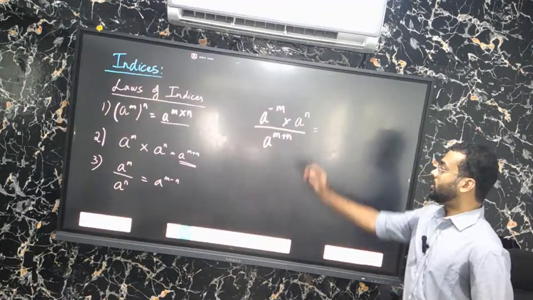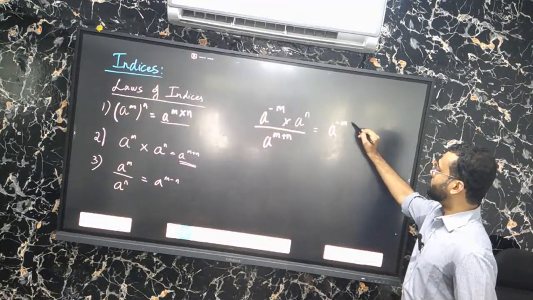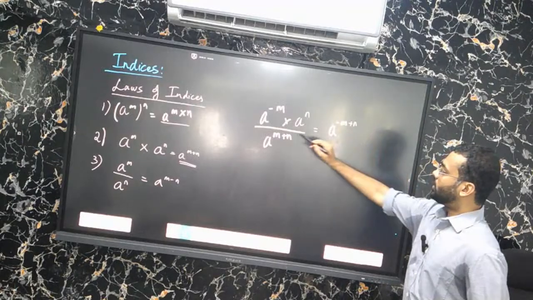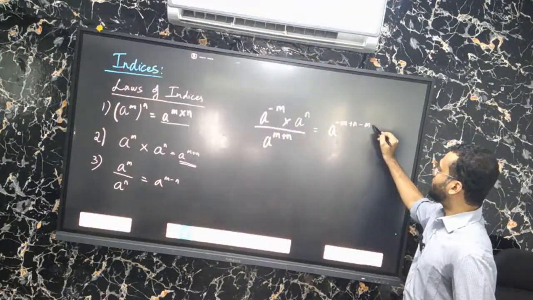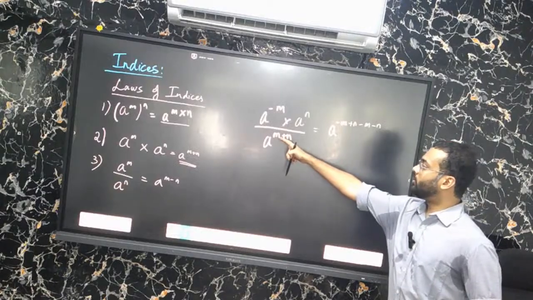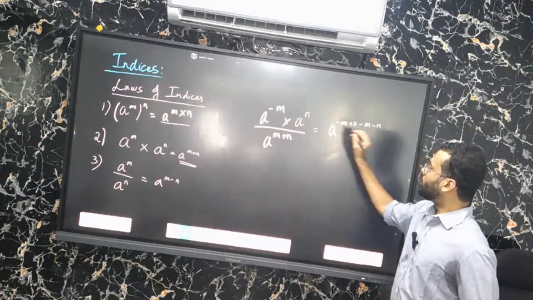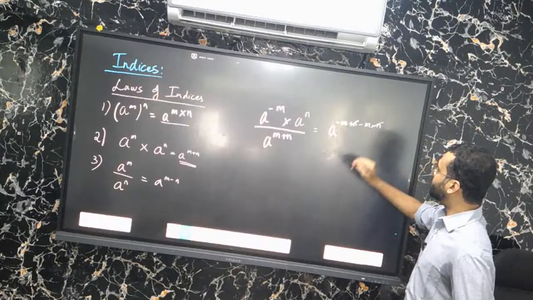It will become a power minus m plus n minus m minus n, right? Because m over here will become minus m on top. Plus n will again become minus n on top. So here plus n minus n will get cancelled.